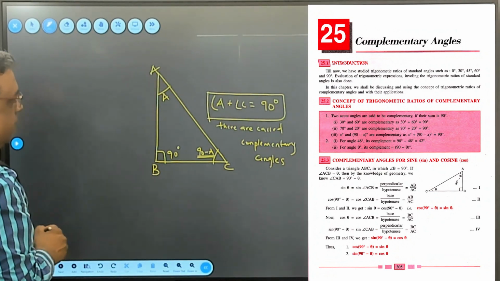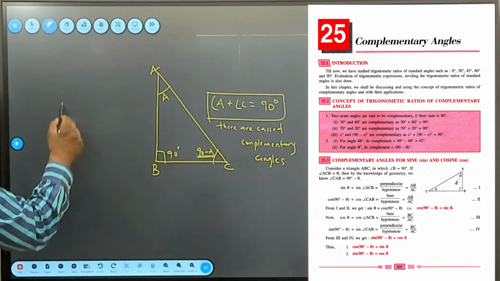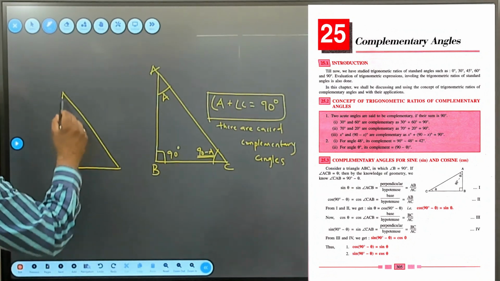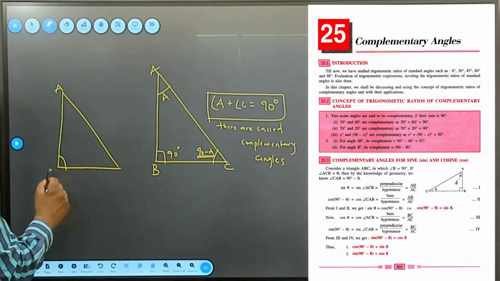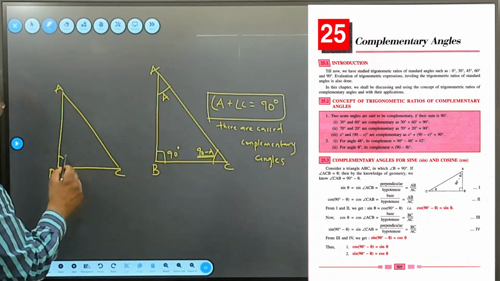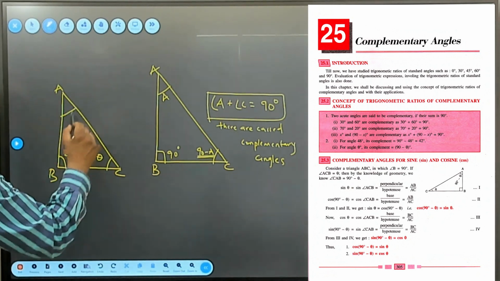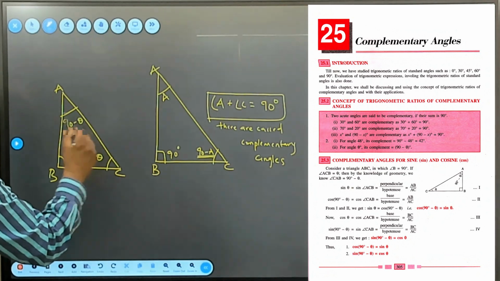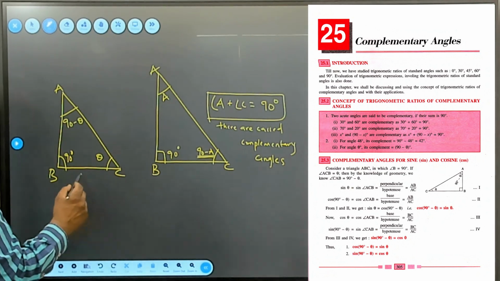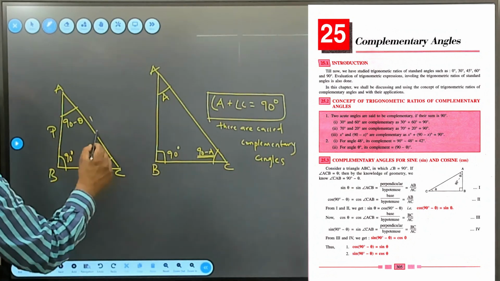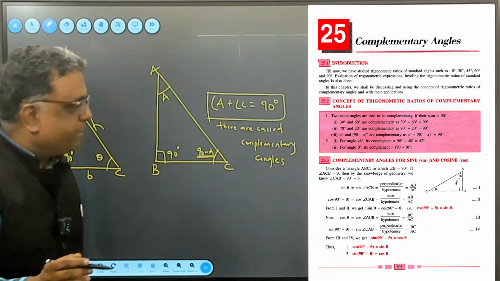Okay. The second point is, if the angles are complementary, how does that reflect as far as trigonometry is concerned. So let us say this is 90 degrees. This I call theta. So will this not be 90 minus theta? Let us say I call this B, this is P and this is H. This is what we have been using all this while.